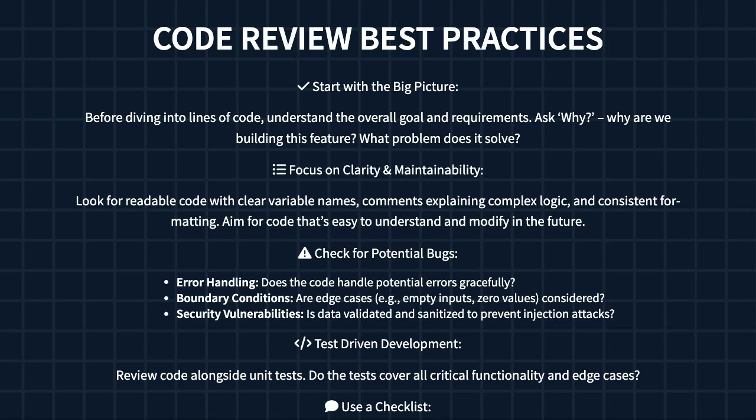Good variable names, helpful comments, consistent formatting. It all adds up. Then, scan for potential bugs. Do we have proper error handling? Are we covering those tricky edge cases? And is the code secure enough? Don't forget about testing too. Make sure you're reviewing alongside unit tests. Finally, create a checklist to ensure everyone on your team follows the same best practices.